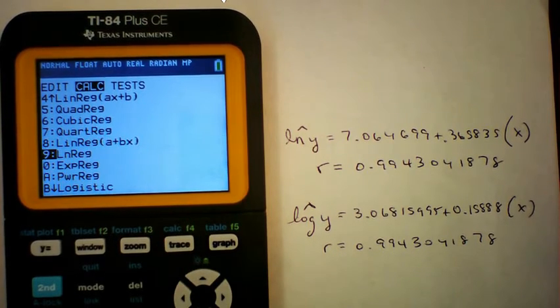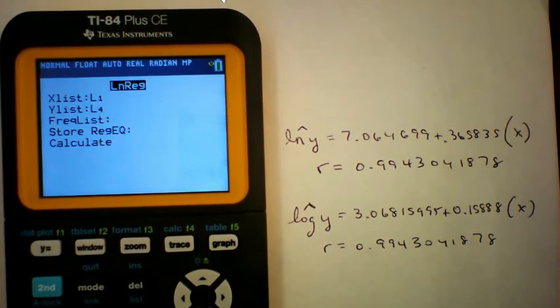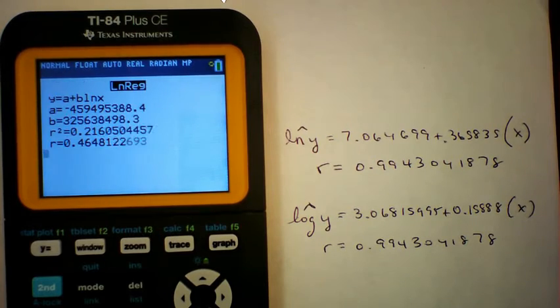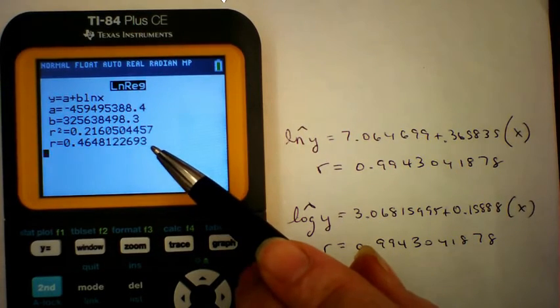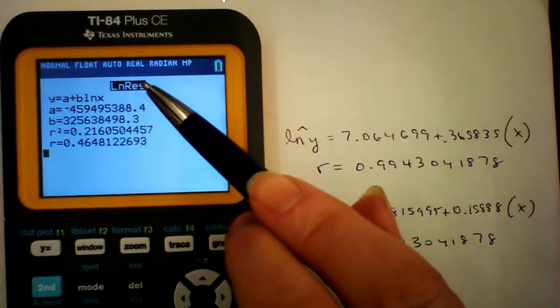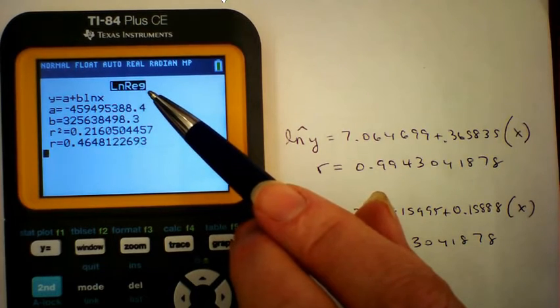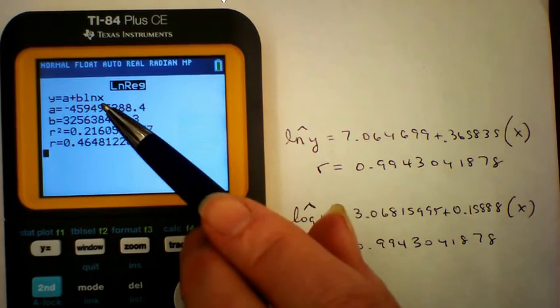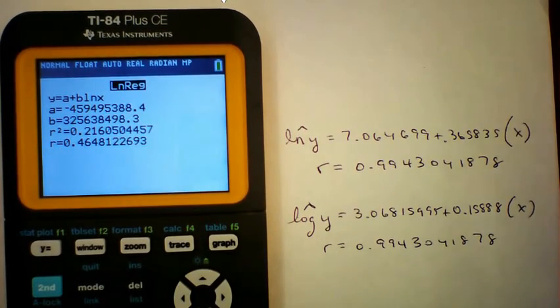And if I do this linreg, because let's say I didn't know which one it was supposed to be and I just did it with the original data, that gives me a pretty bad R value, because what this one would have been doing is taking the log of the x, you see, so that's not what I wanted.